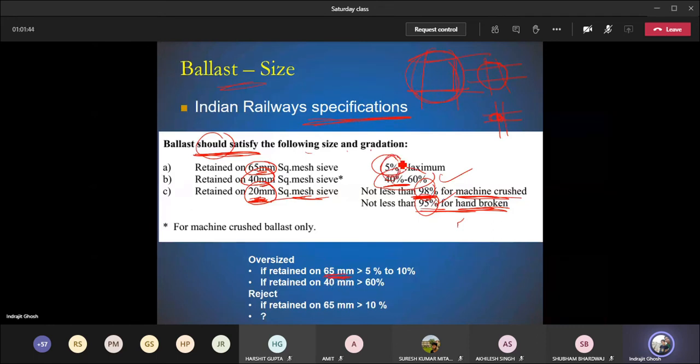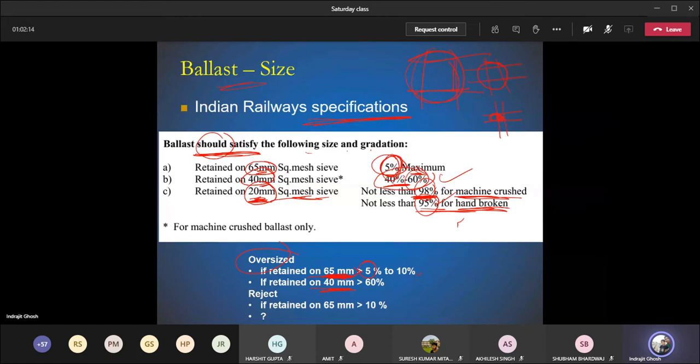When I am saying 5% max is the limit for the stone to be used as the ballast layer, anything beyond 5 will be called oversized. So if retained on 65 millimeter greater than 5 to 10%, we will call it oversized. If retained on 40 millimeter greater than 60%, again we will call it oversized.